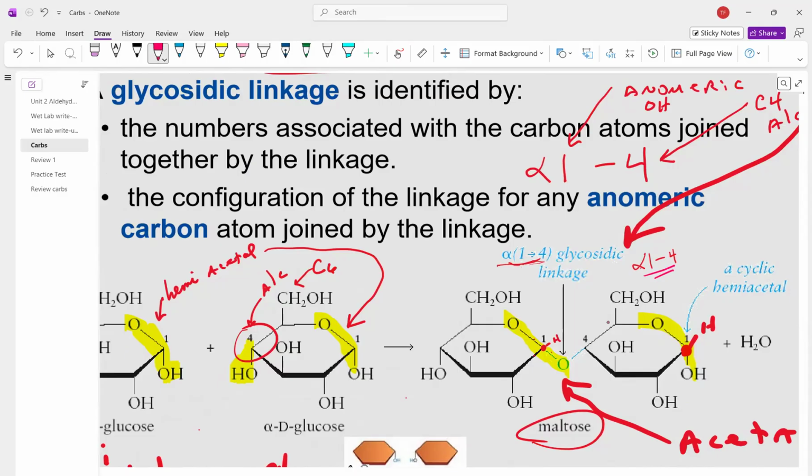So you don't have to say it's up or down. Now we're going to get to sucrose in a minute. Now sucrose is going to attach with 2 anomeric carbons. So then you have to determine what the linkage is. Alpha beta in one and alpha beta in the other one.